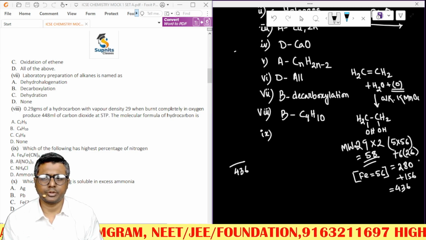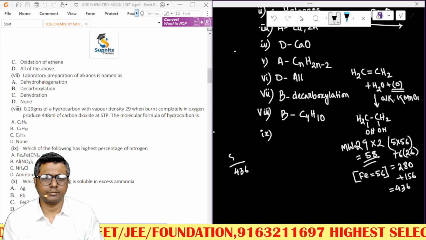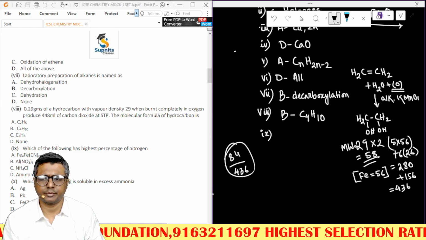Within that the nitrogen portion is 18 into 14. So this will be the fraction of nitrogen.